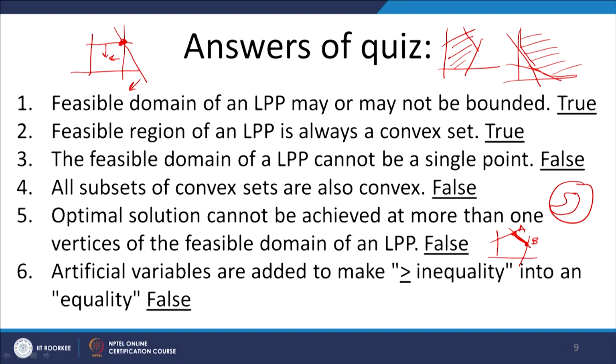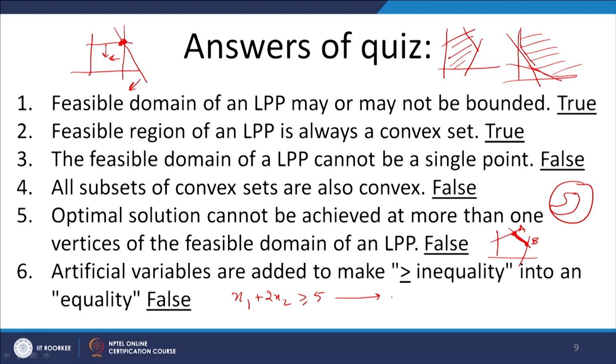Question number 6, artificial variables are added to make a greater than inequality into an equality. Now, remember, if we have an equation like this, we want to convert this into an equality, because the standard form says that our constraint should be in the equality form.